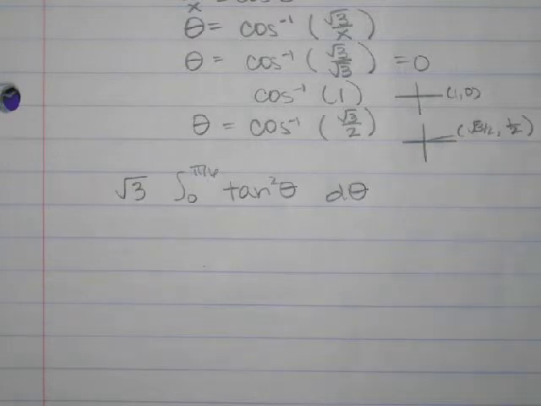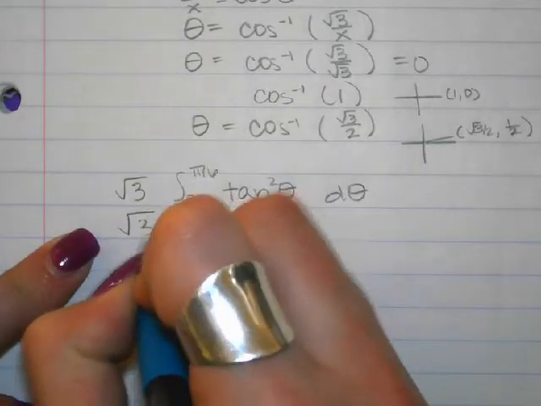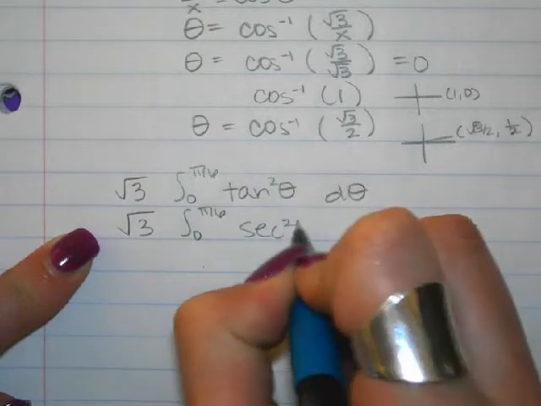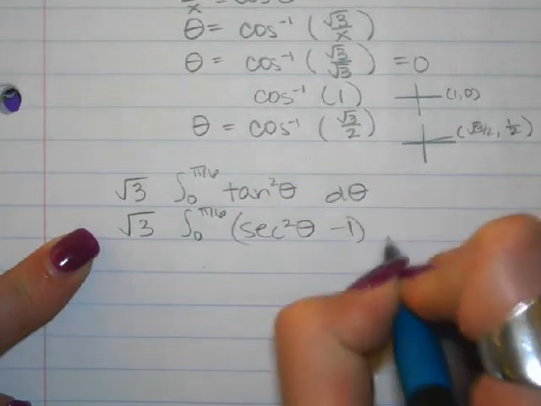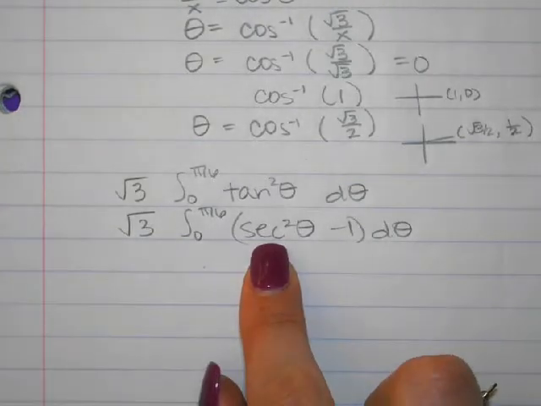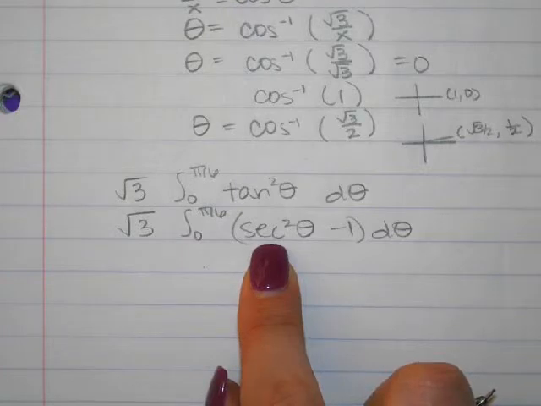That's a Pythagorean identity. So I know that secant squared minus 1 equals tan squared. Now, if I replace this with secant squared minus 1, why is that beneficial? Yeah, a secant squared, we do know the antiderivative of that, right? What's the antiderivative of secant squared?